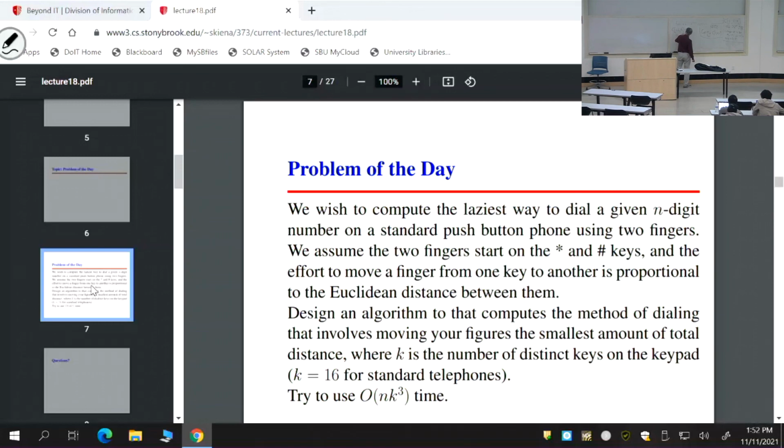I'm going to claim it's the cost of typing the first i minus 1 characters ending up on little l and little r, plus what I'm going to say is the distance from l to L and r to R.